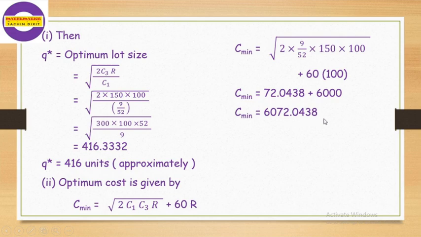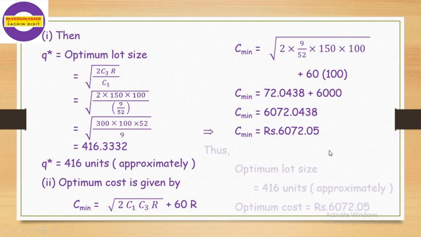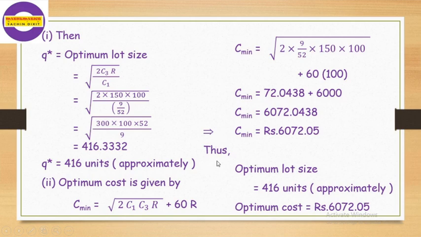Again it is simplified, so the optimum cost is rupees 6072.05. Thus we complete the problem, and we point out that the optimum lot size is approximately 416 units, and the optimum cost is rupees 6072.05. This is the third example.